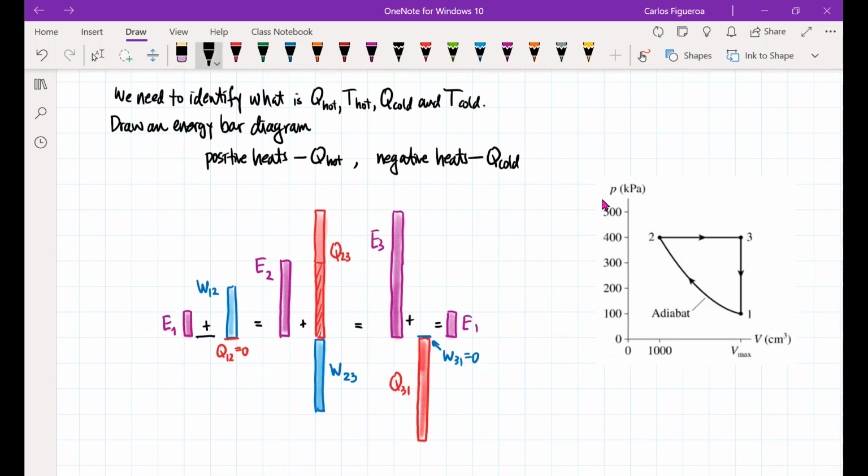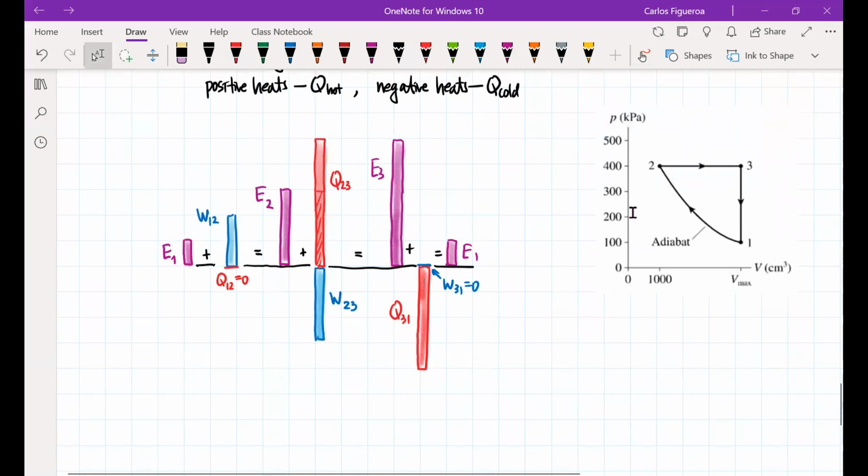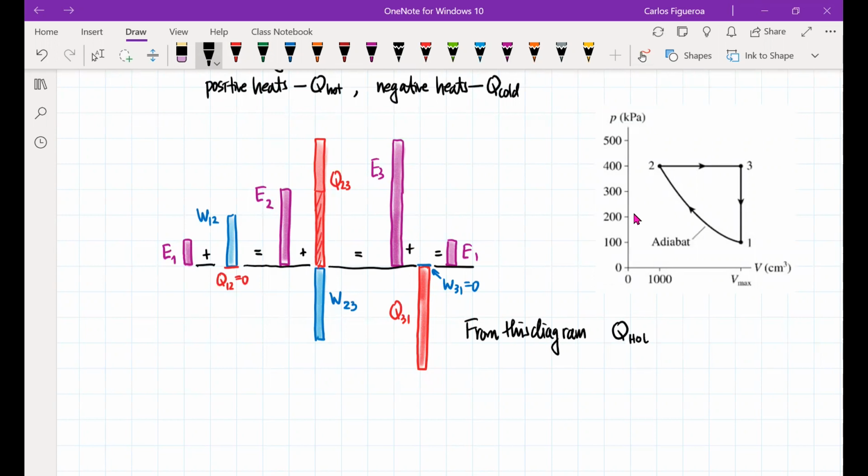So immediately what we can see here is that I know what my heatings are. Clearly, in this situation, I could say from this diagram that I can immediately see that I only have one positive heat. So therefore, my Q hot is the heat that comes in from 2 to 3.